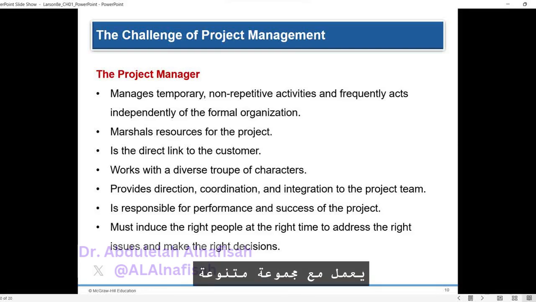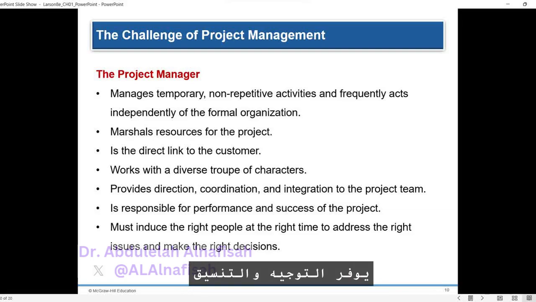5. Works with a diverse troupe of characters. Project managers collaborate with a wide range of individuals, both within and outside the organization. They must effectively communicate and coordinate efforts among team members, stakeholders, vendors, and subcontractors. 6.